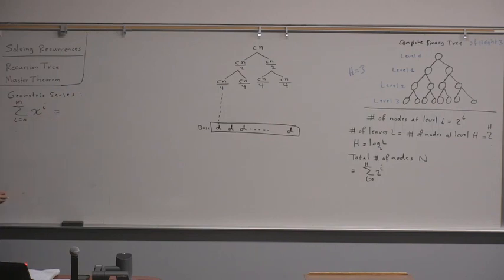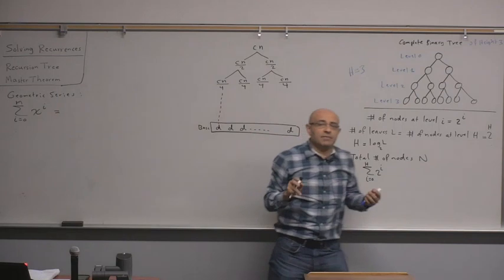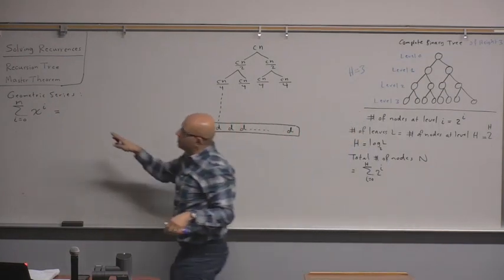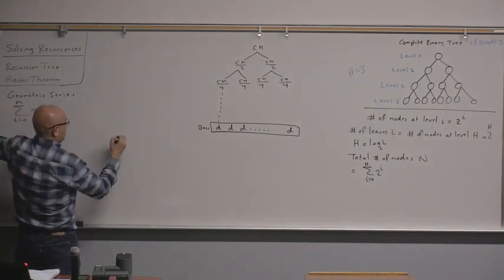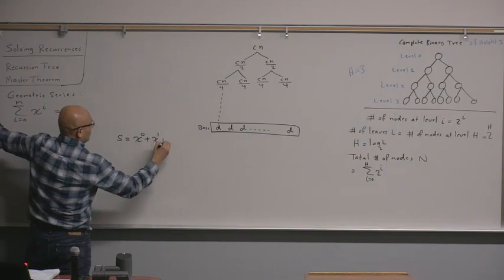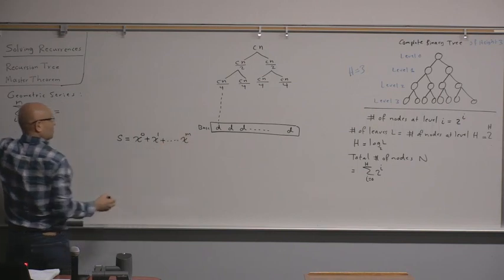What's the summation? Again, if you forget this, just like the arithmetic series, where we showed how to derive the formula, you can derive the formula for the geometric series like this. The summation S equals x power 0 plus x power 1 plus up to x power m.